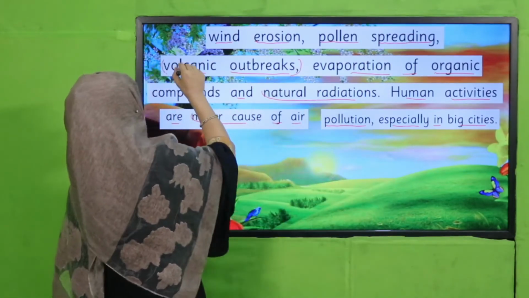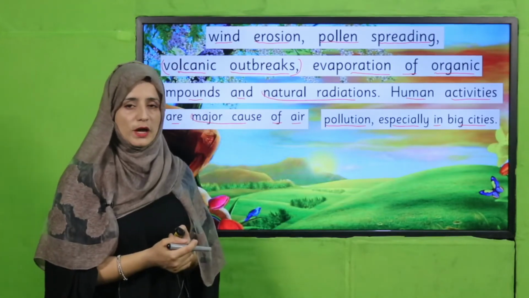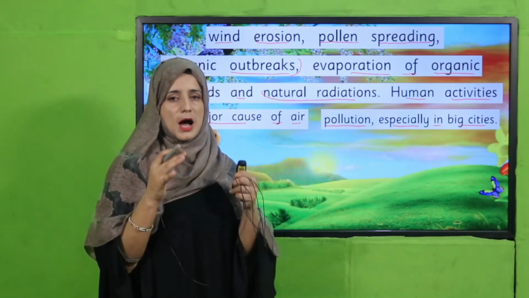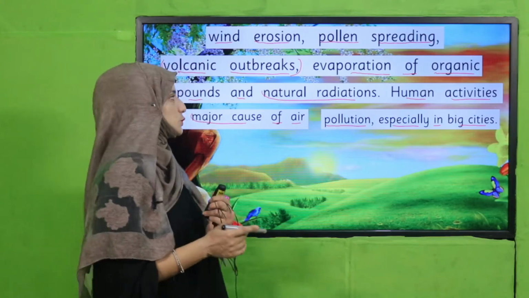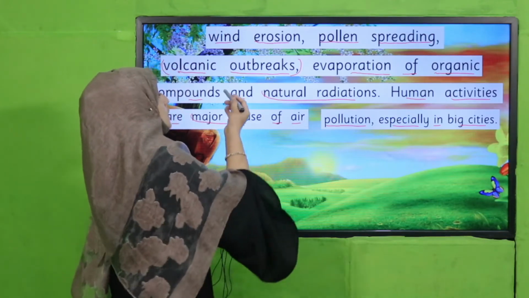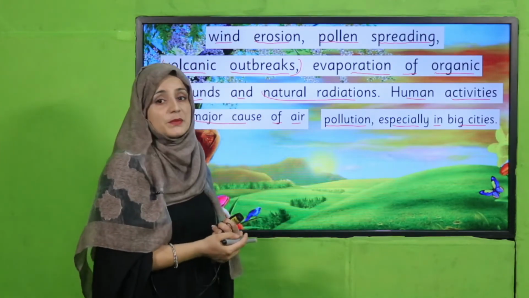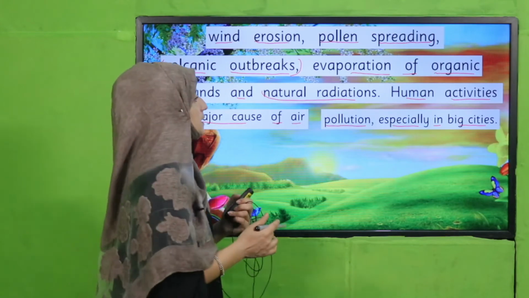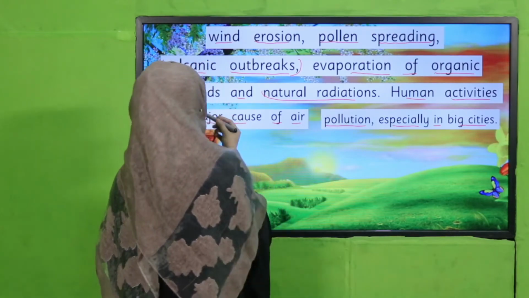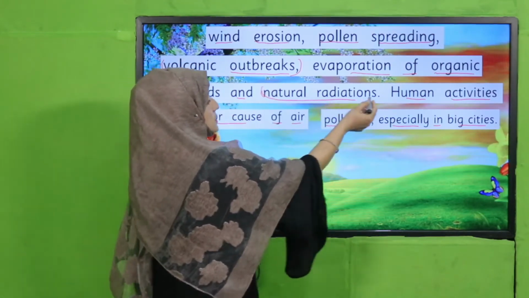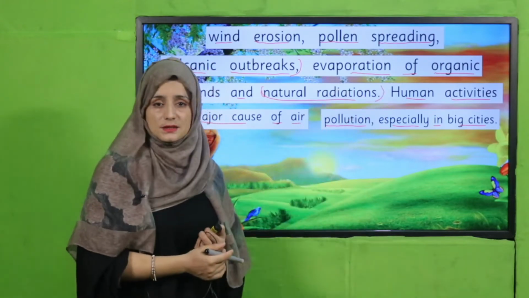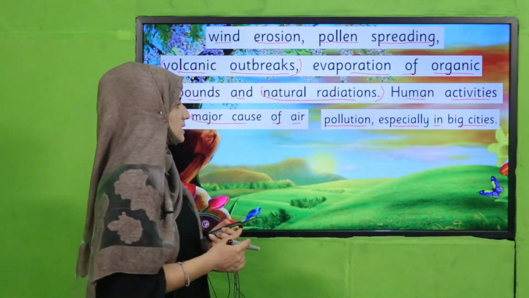Volcanic outbreaks means that harmful rays and harmful smoke come out from mountains due to extra heat. Evaporation of organic compounds and natural radiations are harmful rays from the sun.